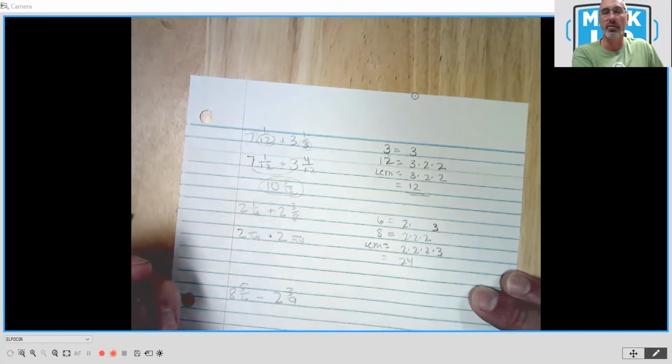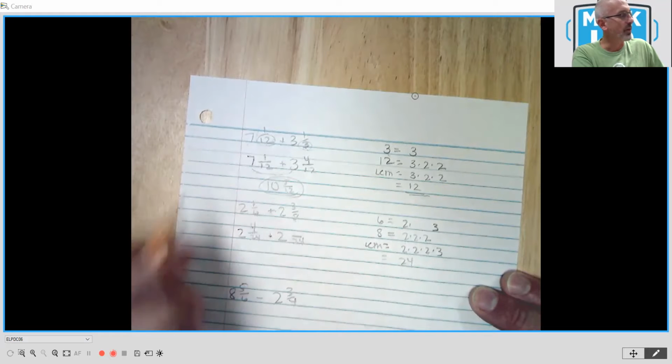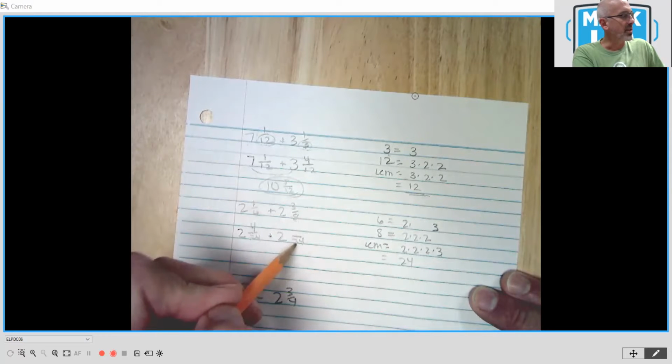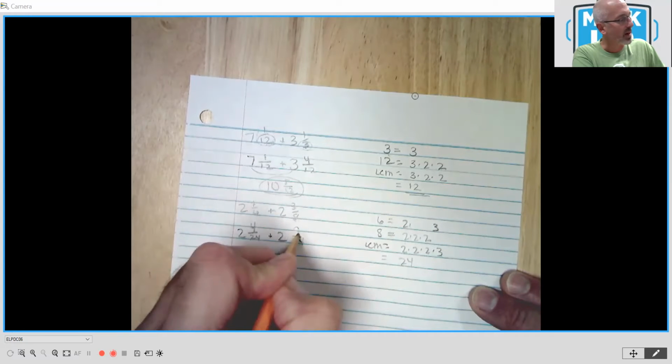We want the equivalent fractions. So for 1/6, to get to 24, we multiplied by 4. So we're going to do the same thing to the numerator. 1 times 4 is 4. For 8, to get to 24, we multiplied by 3. So we're going to take the numerator 3 and multiply it by 3, and we get 9.